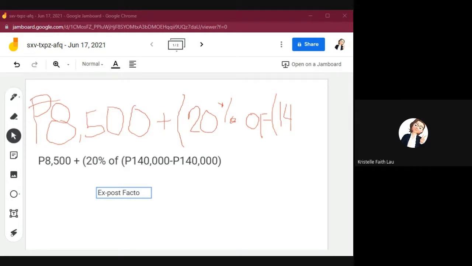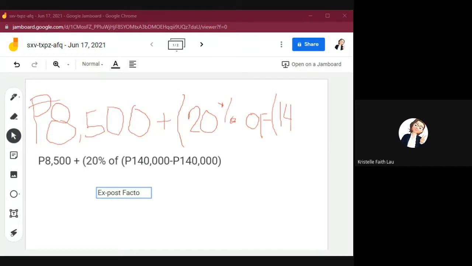Taxes are obligations created by law. Taxes can be imposed even without previous agreement between the government and the taxpayers. Then taxes are generally personal to the taxpayer, so their payment should be borne specifically by the person with tax liability. So that is the nature of taxation.